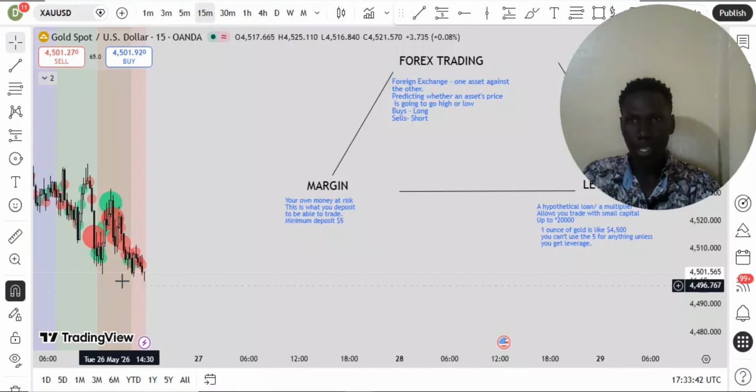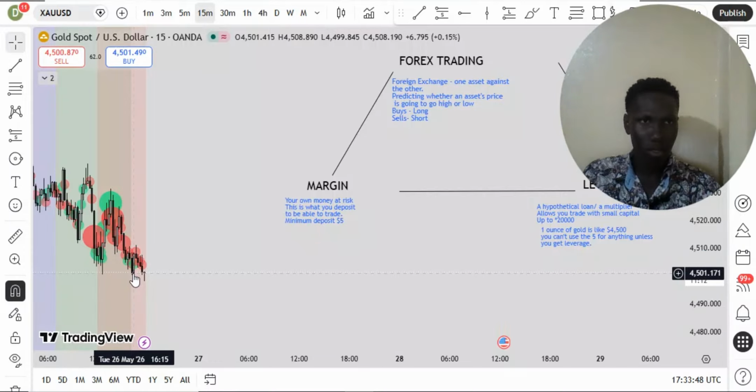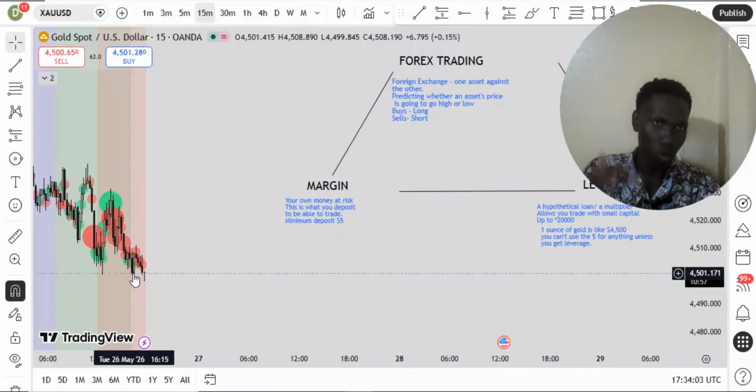But if it moves up from the 4,501, I'll be making a loss until I give a command to stop out or to get out of the trade. Understand?